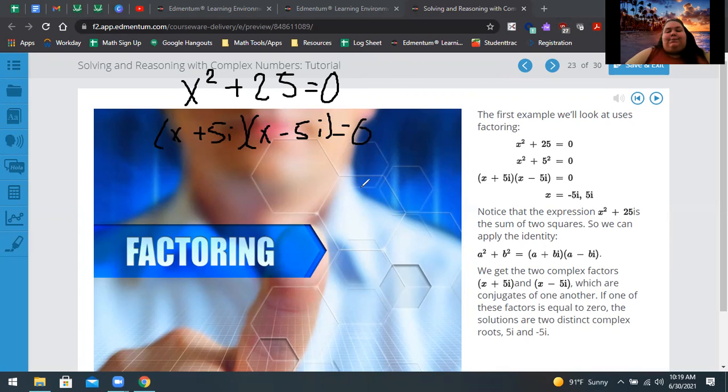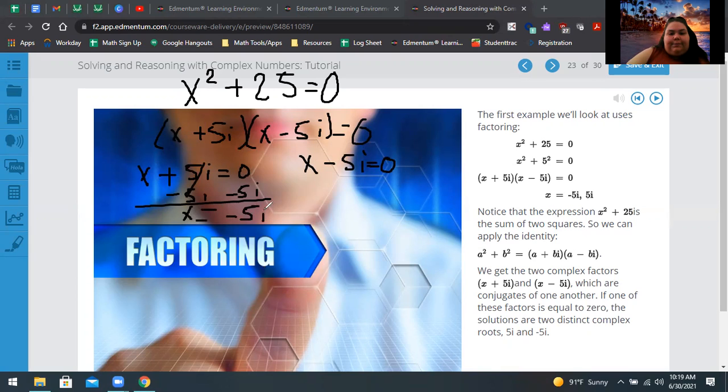So by factoring, we have these sets of parentheses. You go ahead and separate them. So x plus 5i is equal to 0. x minus 5i is equal to 0. Then you would try to isolate your x. For this first one, you would subtract 5i on both sides to get x, this cancels, equal to negative 5i.